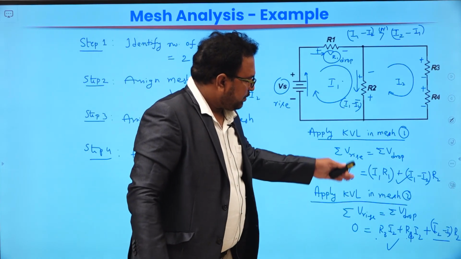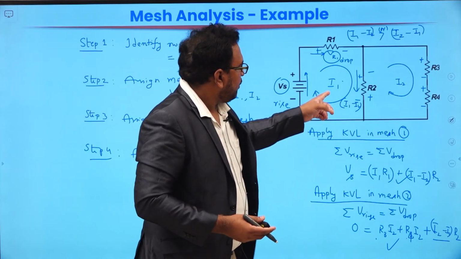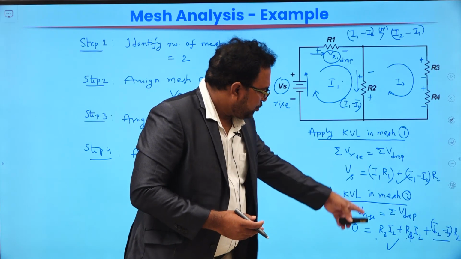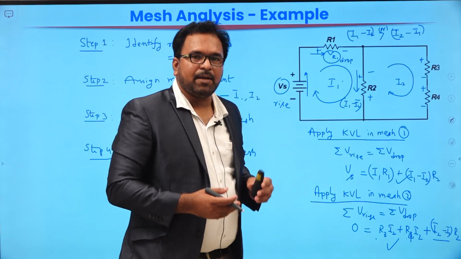From these two equations, what are the variables we have considered? One is I1, another is I2. So these two equations are in terms of the two variables I1 and I2.